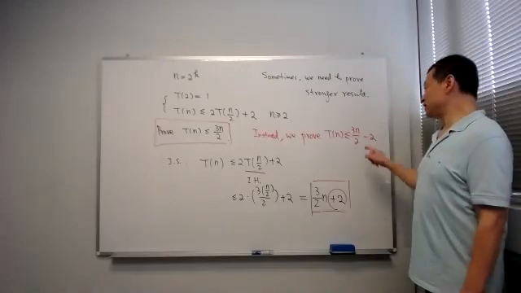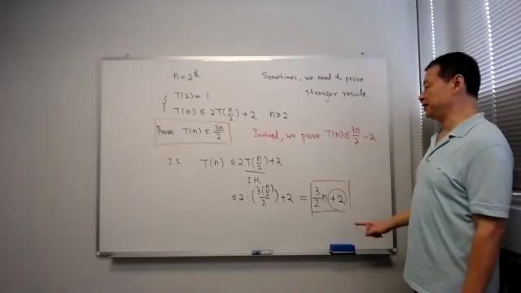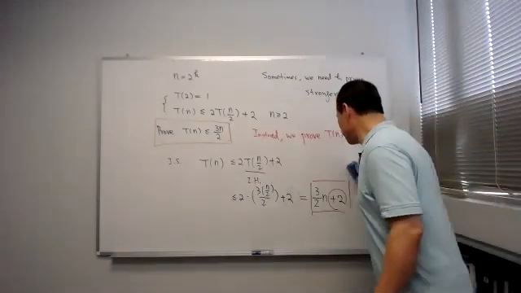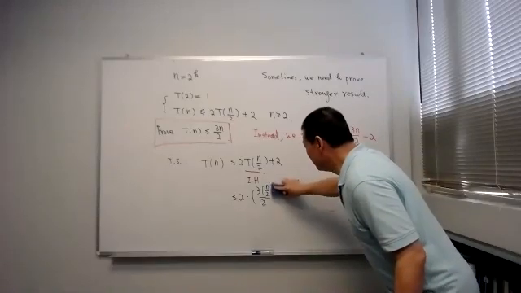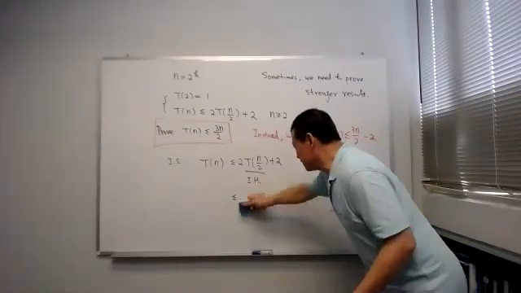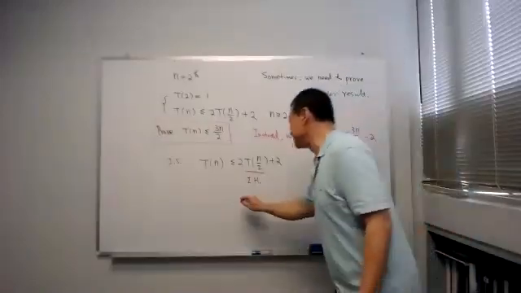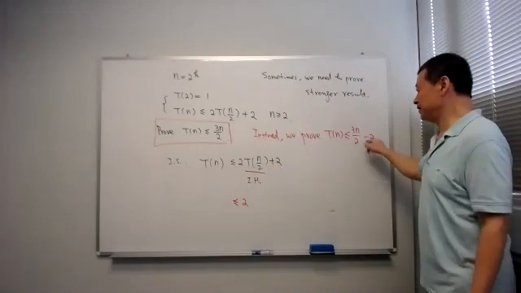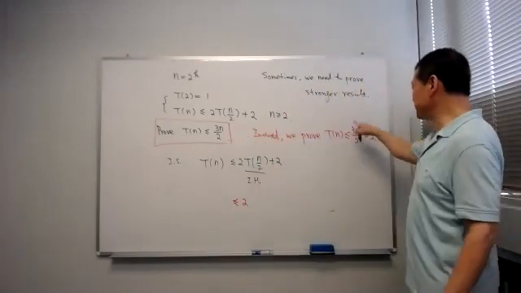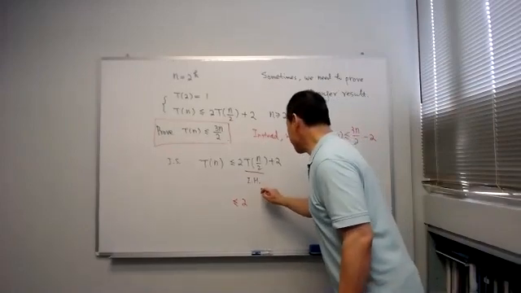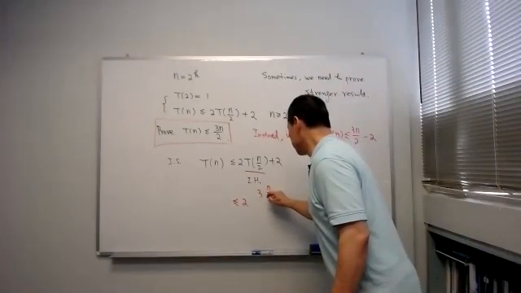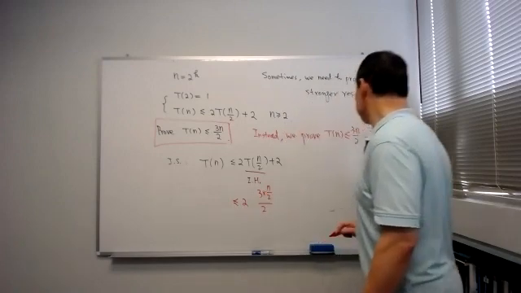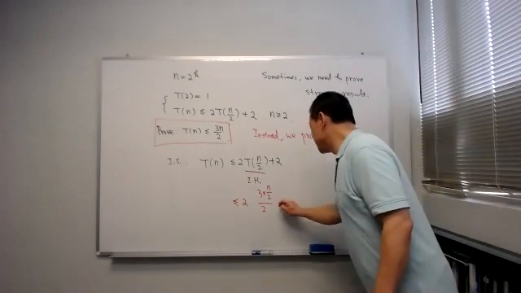Of course, in order to prove this, we need to do two things. One is the induction step. So now we use this one instead of the original one. The induction hypothesis is this one, minus 2.